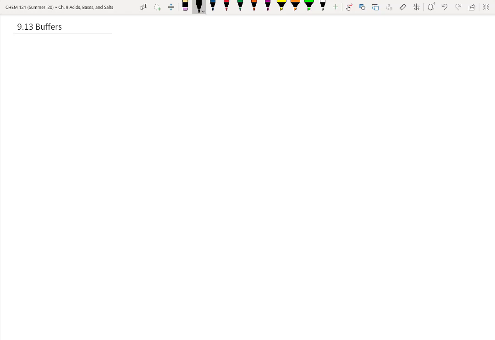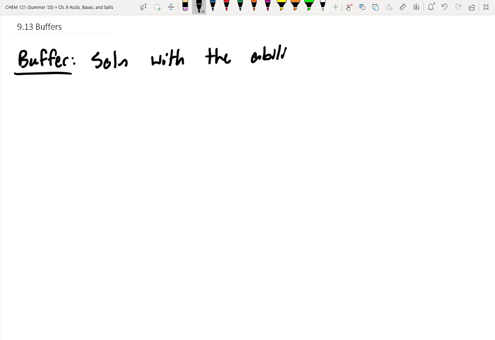Okay, the last section of chapter 9 is all about buffers. So let's first define what a buffer is. Okay, a buffer is a solution with the ability to resist pH change, even if you were to add in more base or more acid.